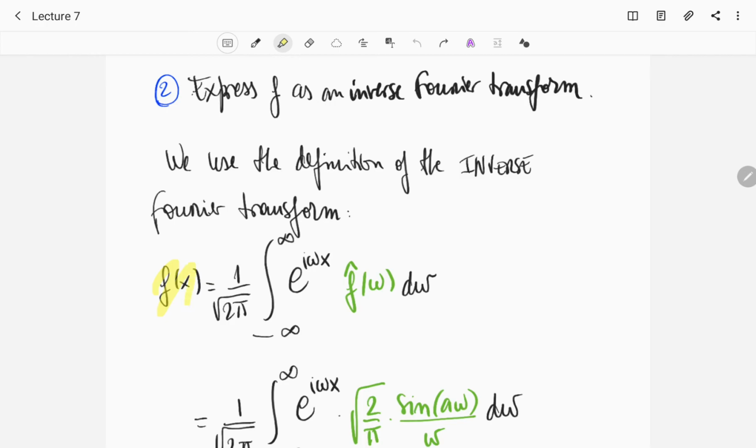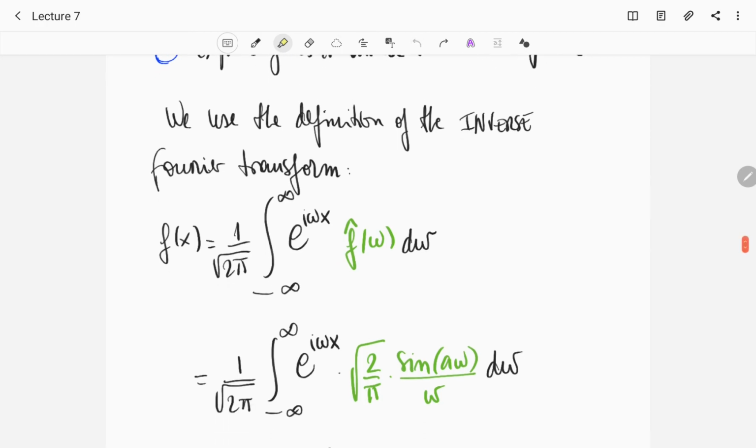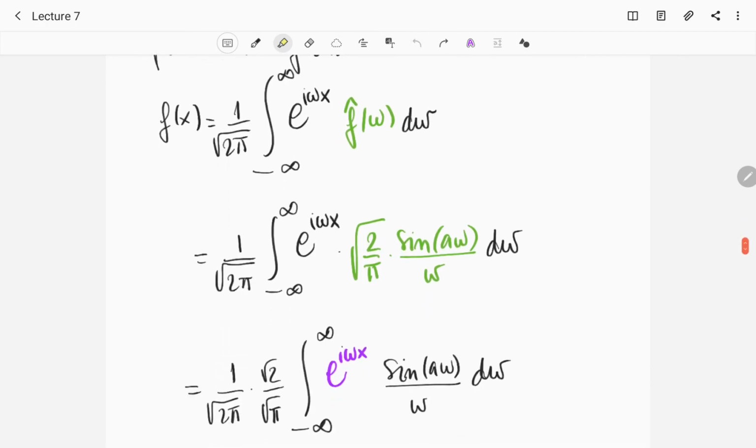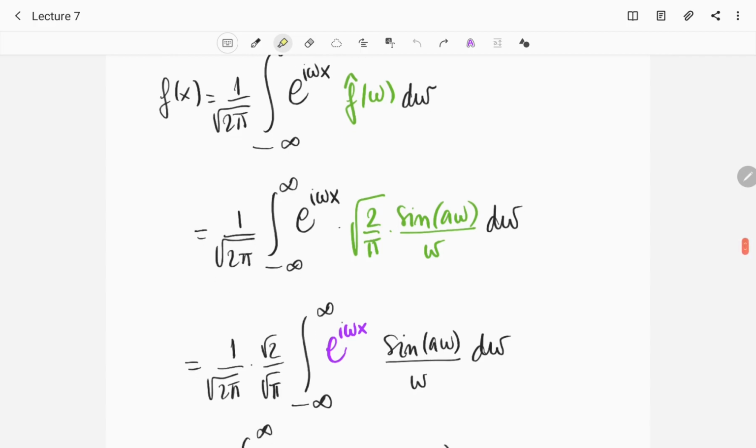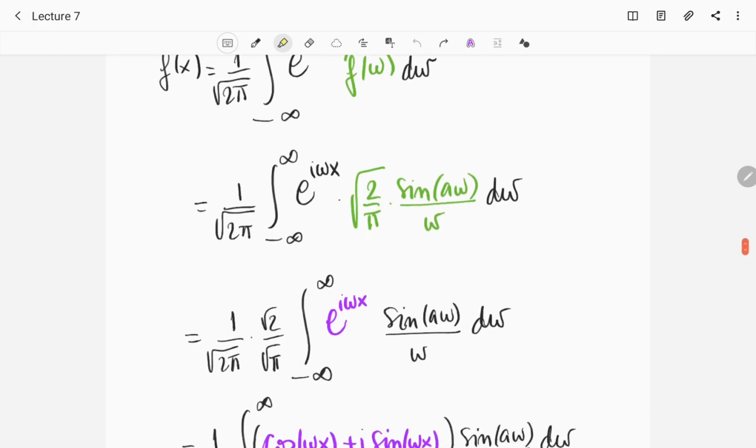If you want to write your function f as an inverse Fourier transform, you have this factor in the front and the integral from minus infinity to infinity of this exponential that here has a plus and not a minus as the Fourier transform formula. And here you put this function that we just got.